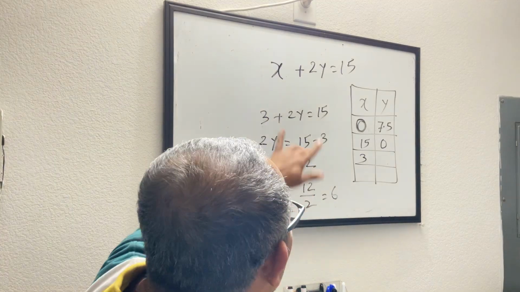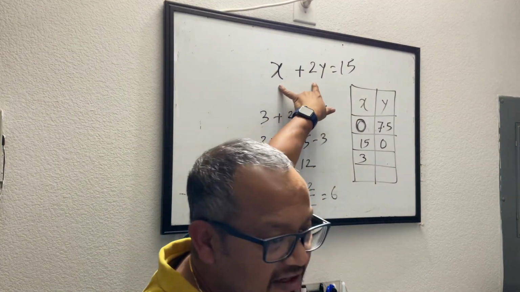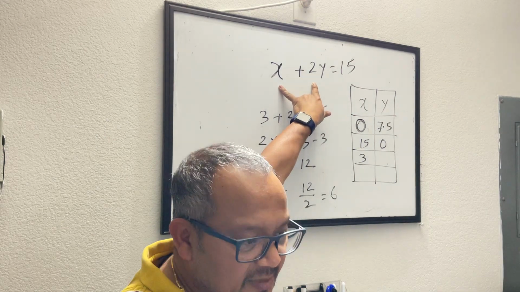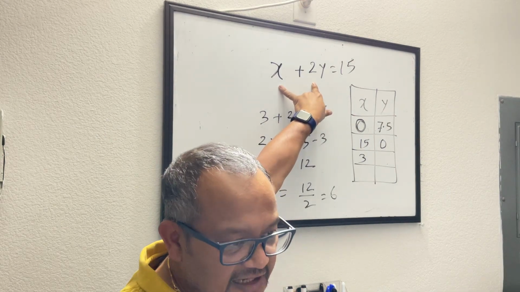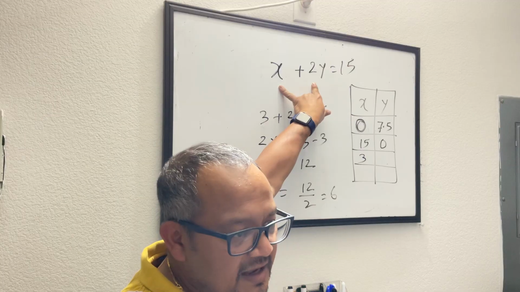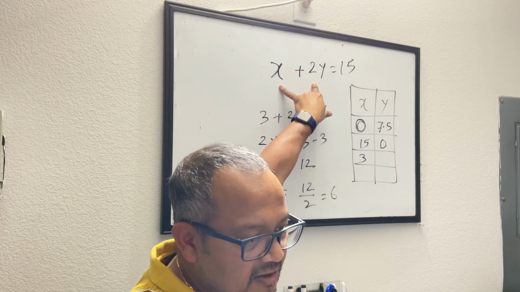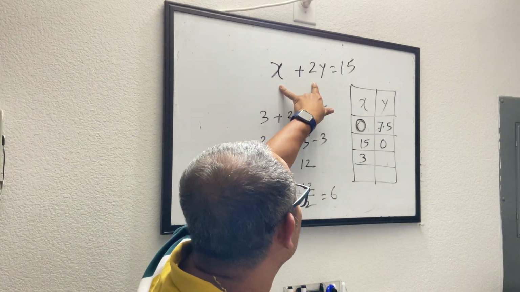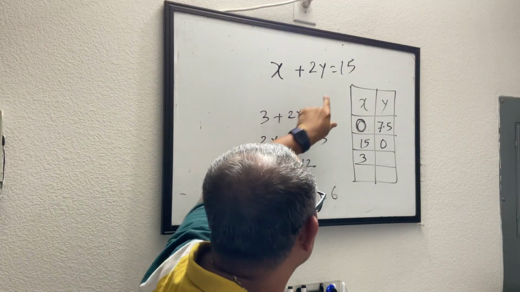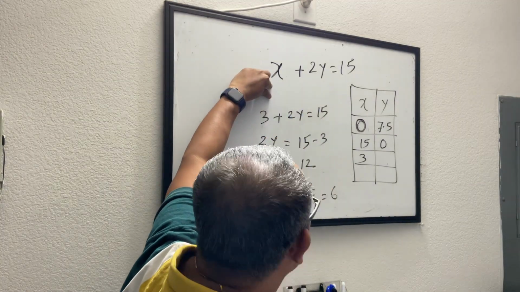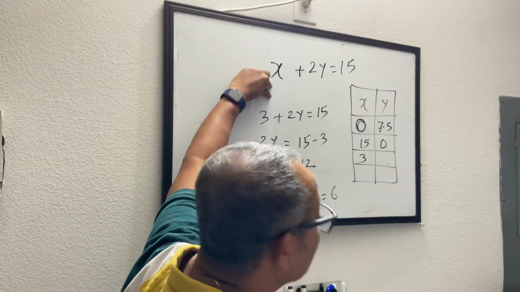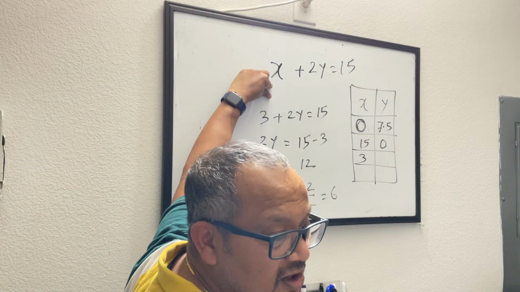What I'm saying is, x and 2y, if I have an equation, it is just an agreement. It's just a deal. Let's say x was Manas, y was me, and x and y represent the money that Manas has or I have.